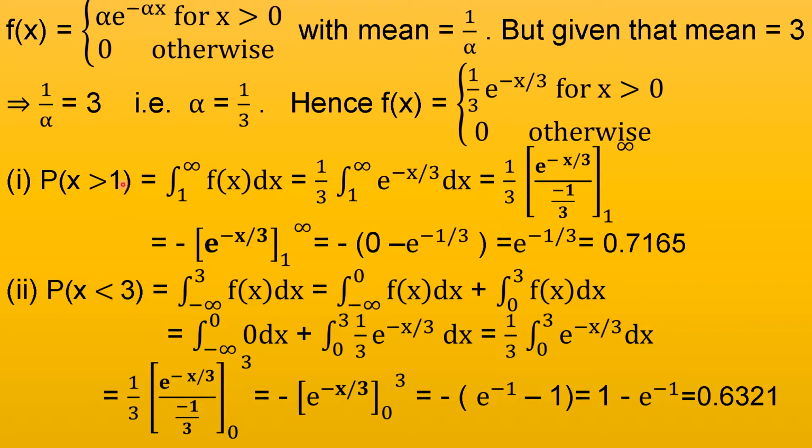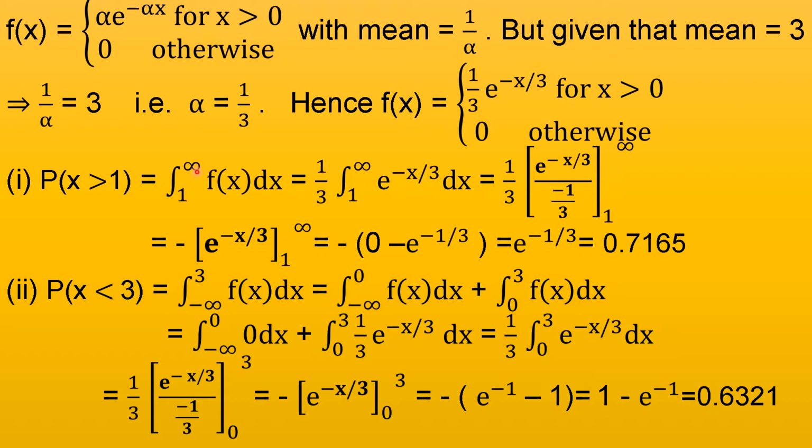So here, the probability that x will be taking values greater than 1: no upper limit. Greater than 1 means lower limit is 1, upper limit is infinity. Integral from 1 to infinity of f of x dx, and for all positive x values f of x is 1 by 3 into e power minus x by 3.